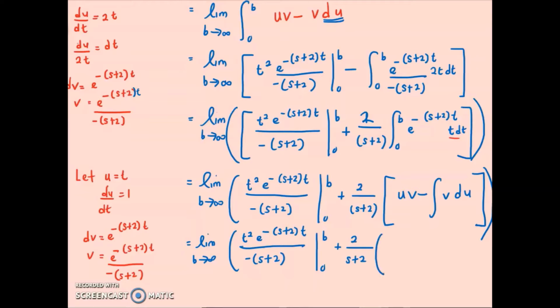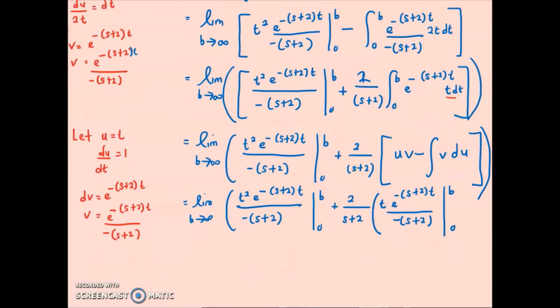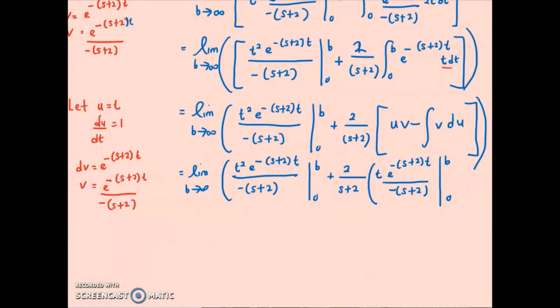Okay, let's apply integration by parts, where u is t and v is e^(-(s+2)t) over -(s+2), from 0 to b, minus the integral from 0 to b of v du.